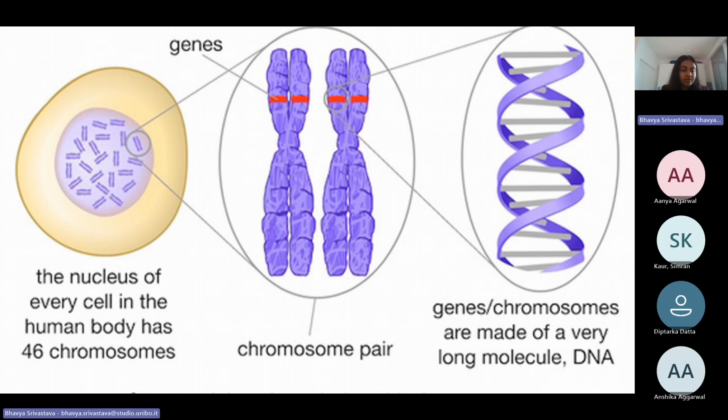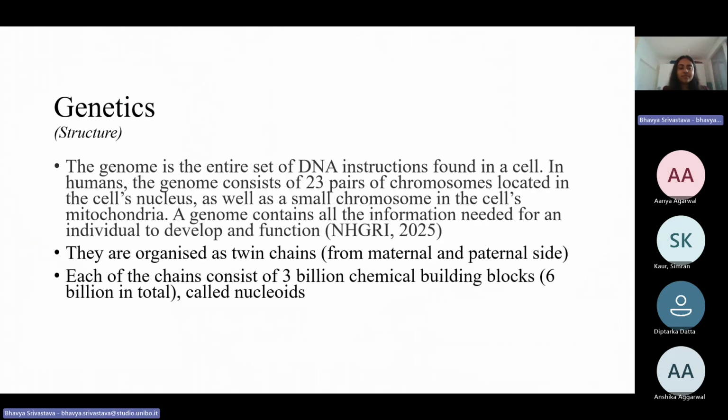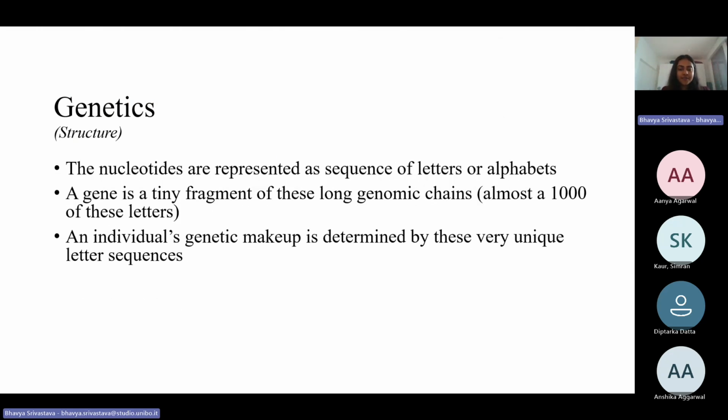Now, these nucleotides are represented by sequences of letters, which form chains of letters. So if you think about it, there is a pair of 3 billion nucleotides. These will form chains of letters, and every individual's genetic makeup is made of these chains of letter sequences.